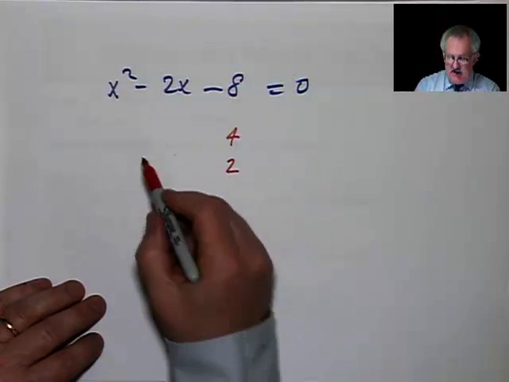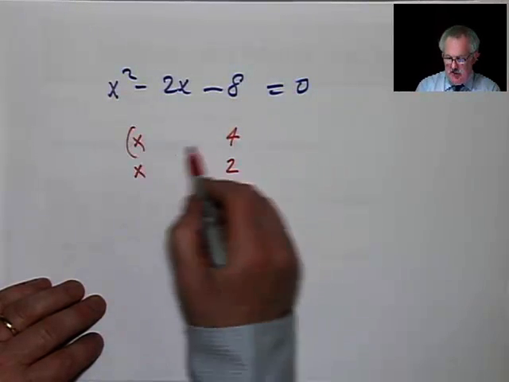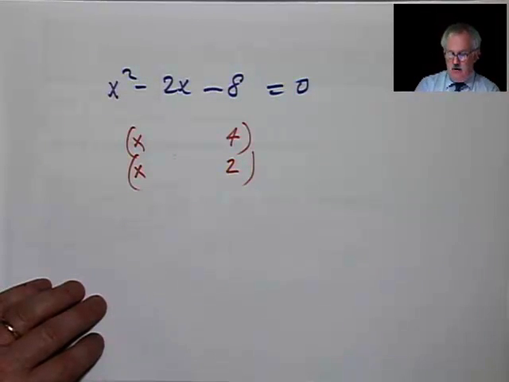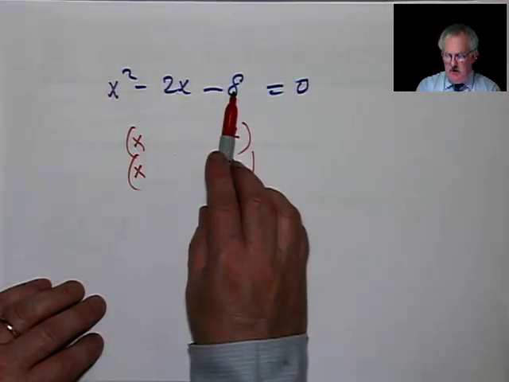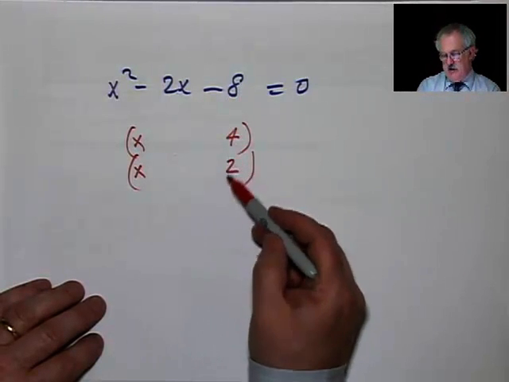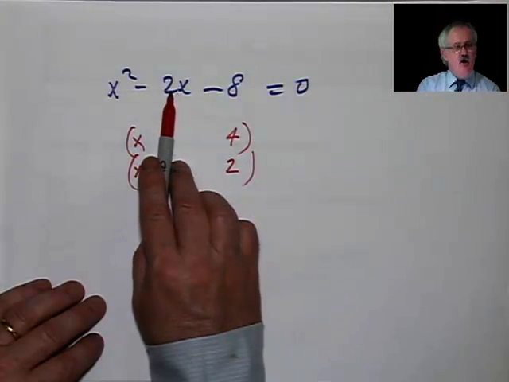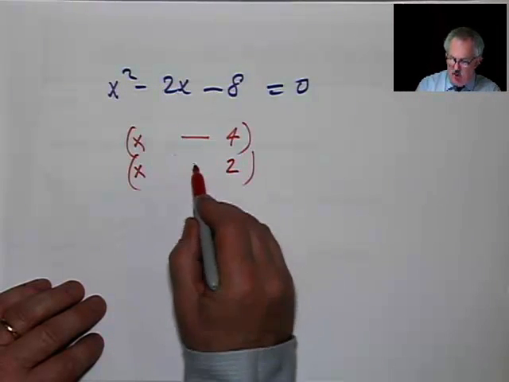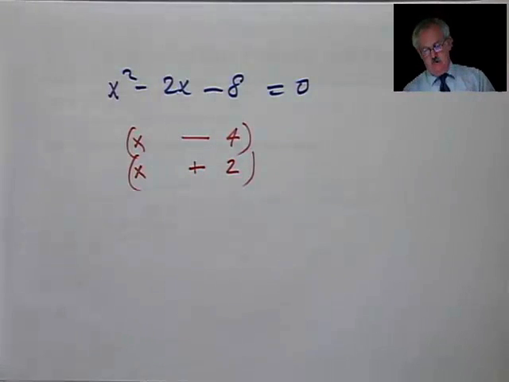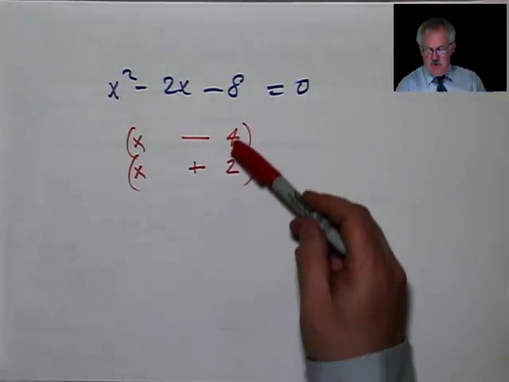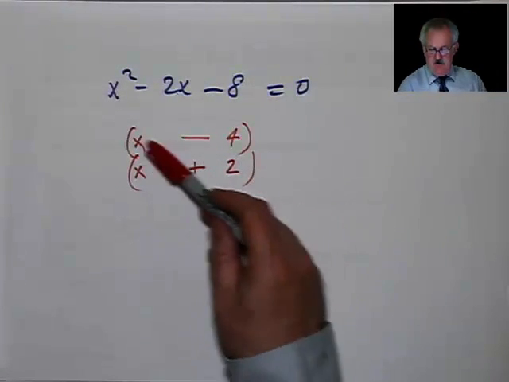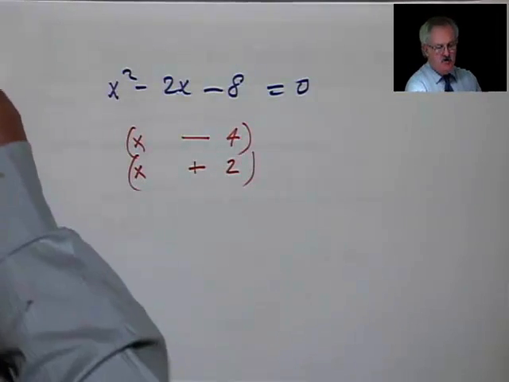What gives us x squared? x and x. But we want a minus 8. Well, it might be minus 4 and plus 2, and we want the middle term to be a minus overall. So if we took a minus 4 and a plus 2, that would look promising, because we'd get the minus 8 and it would look like we get a minus 2 overall.